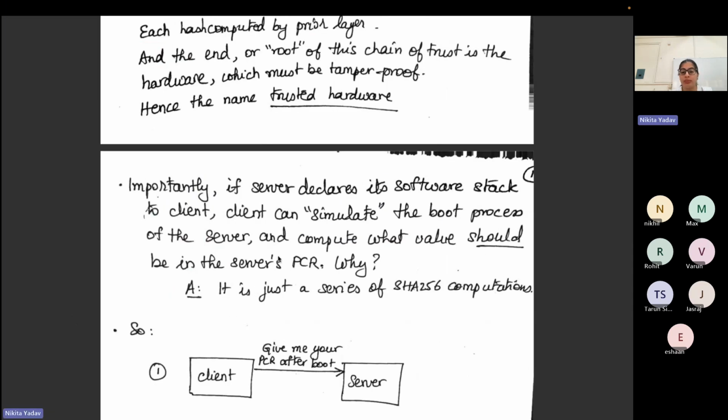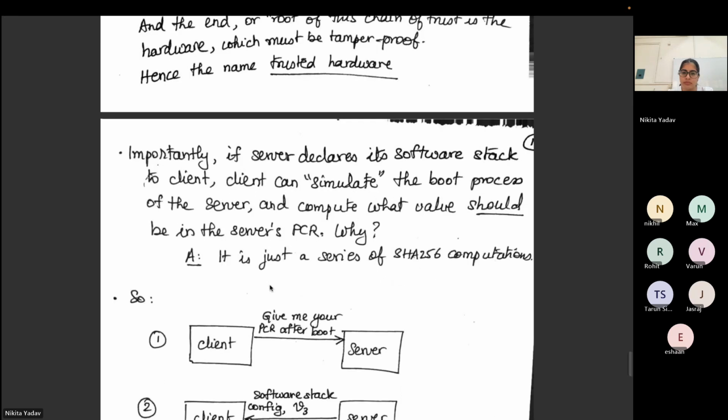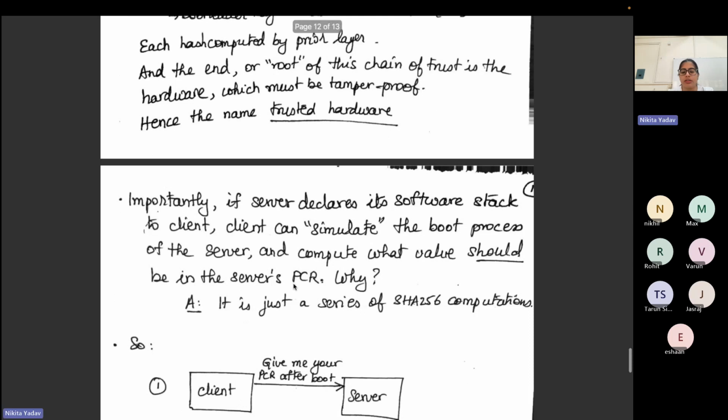It will be able to compute the same value because the PCRs always start with value 0. The PCR will be 0 initially on any machine, and if you start with the same software stack which the server has told, then the final value computed in the PCR will be the same.